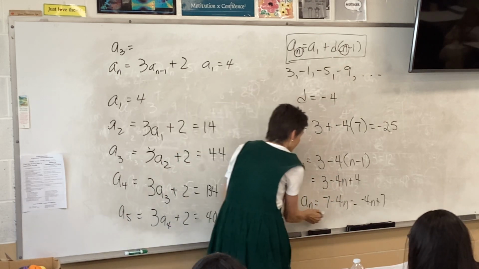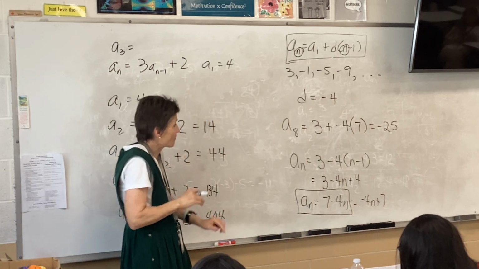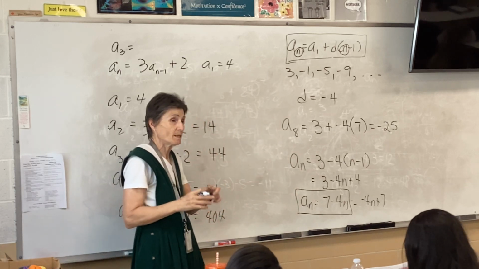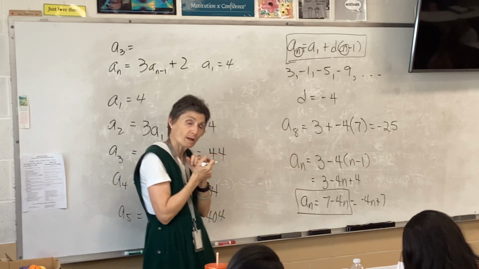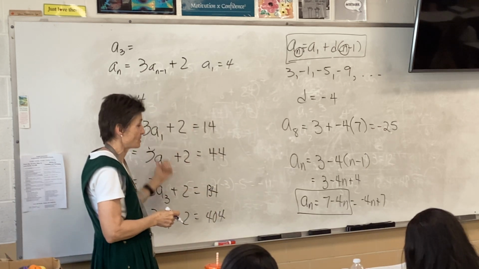Then this formula will give me anything I want. The 100th term, the 1000th term, is called the explicit rule. The explicit formula takes you straight to the term you want. Unlike these, which are not explicit rules, these are recursive.